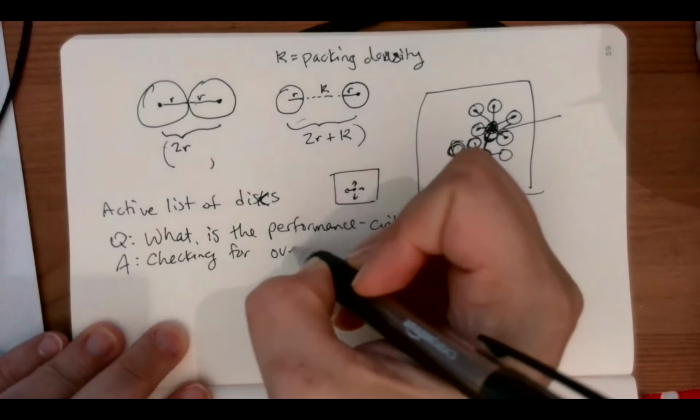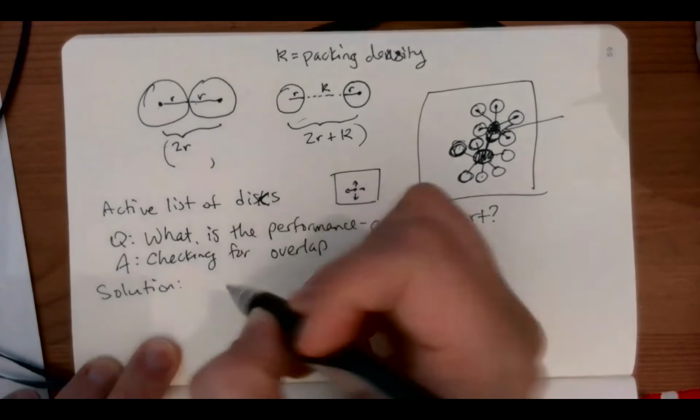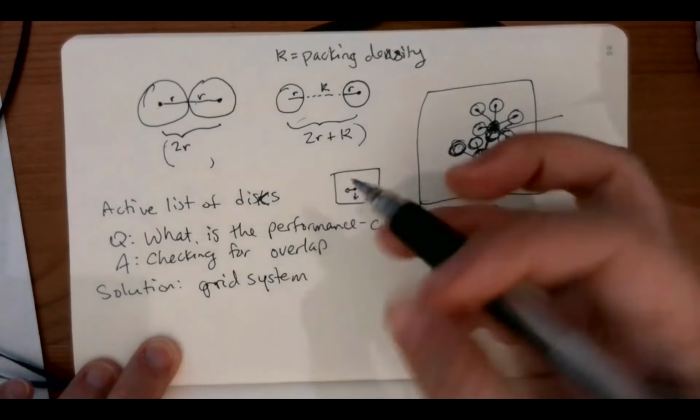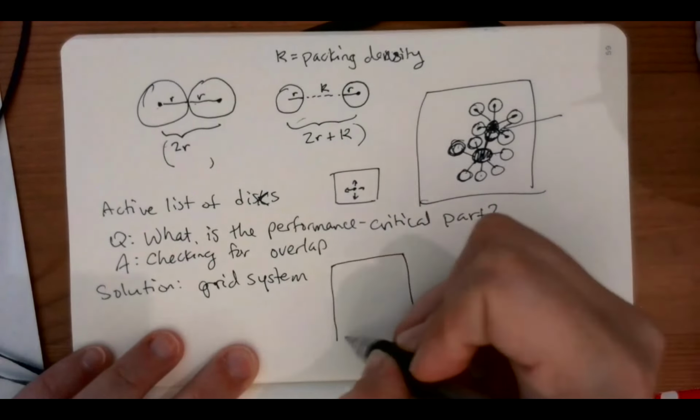So this is all if you do it naively. What we wind up doing in practice is implementing a grid system. We divide up our space into a grid, and this can be at the pixel level. It doesn't have to be a really coarse-grained grid.